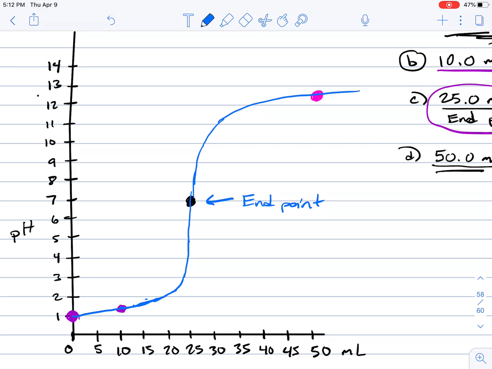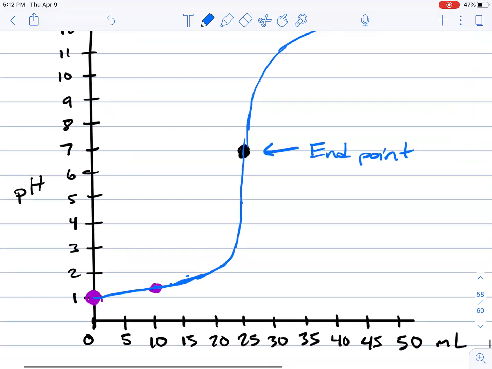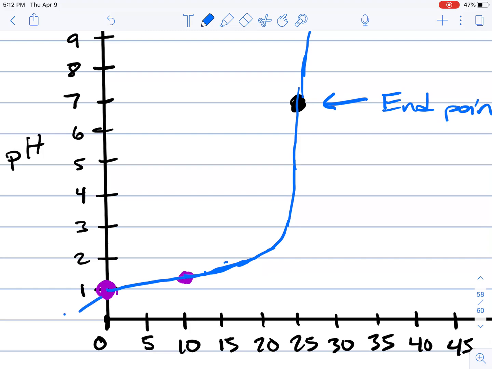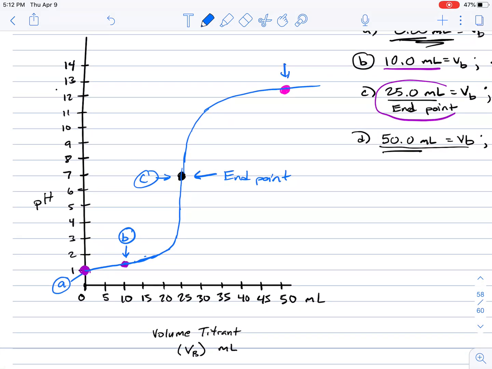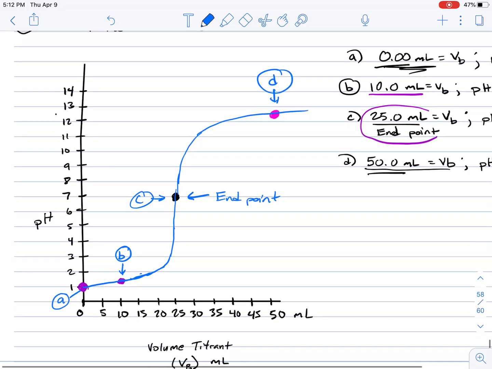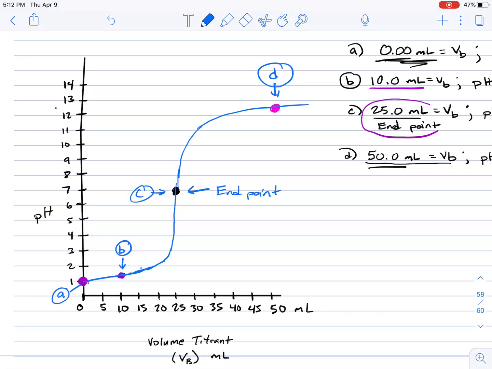Okay. And so this is point A, the point from part A of the problem, part B, part C, and part D. All right, so we sketched our titration curve.